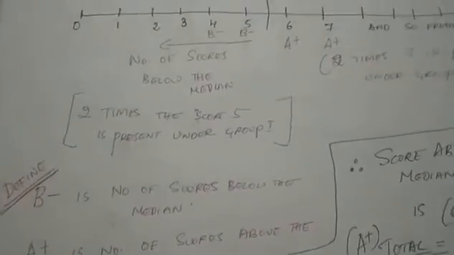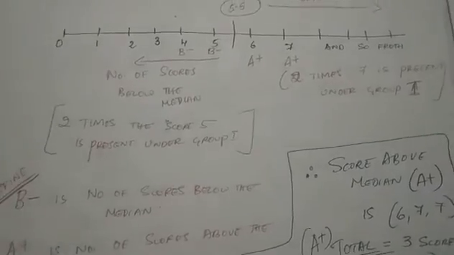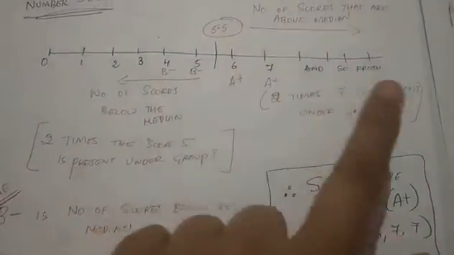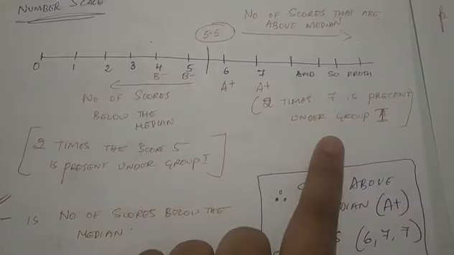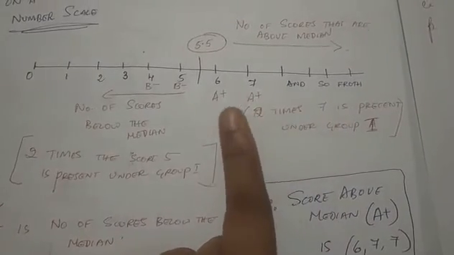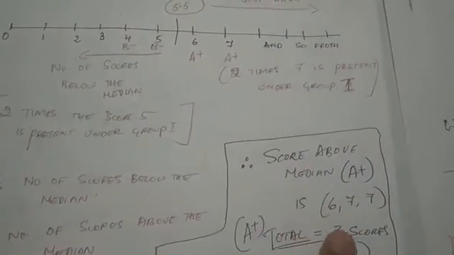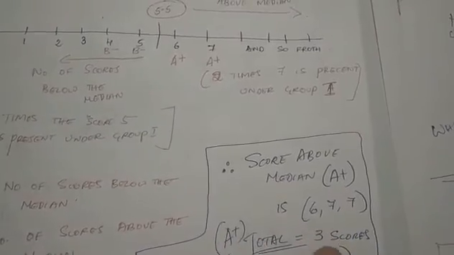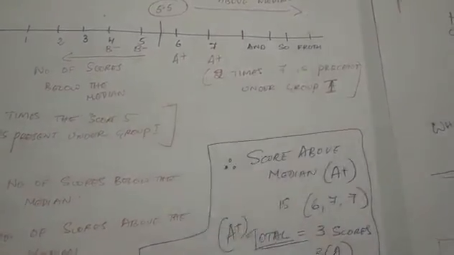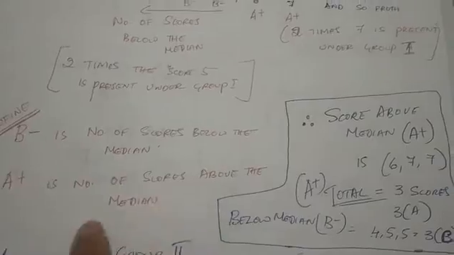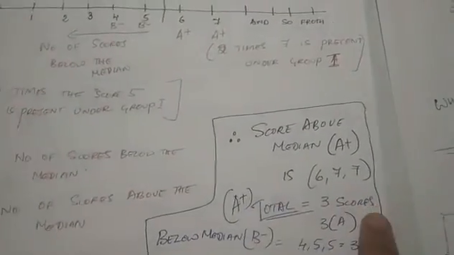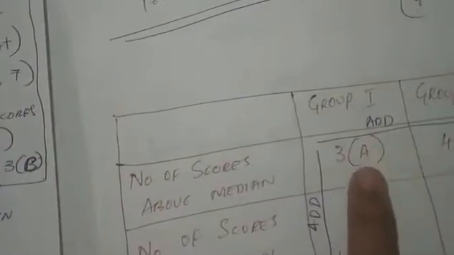Coming back to the number line again, number of scores above the median: we have 7 repeated twice and 6 one time. So it is 6, 7 and 7. Total scores above the median, A plus, is 3. Therefore we have written 3A.